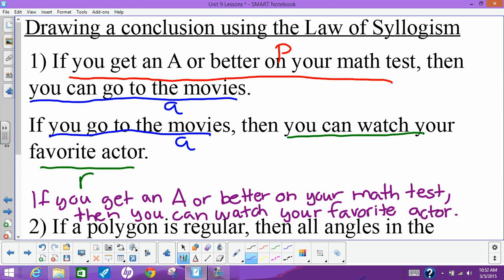So given those two statements, we can draw the conclusion. Getting an A on your math test will allow you to watch your favorite actor.